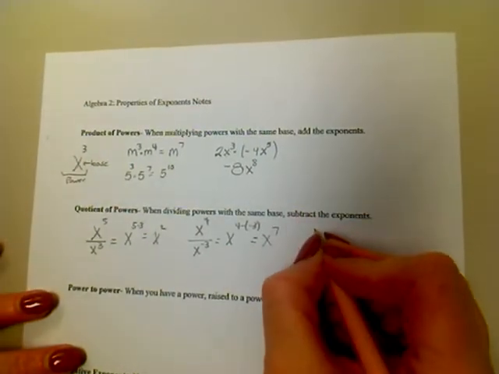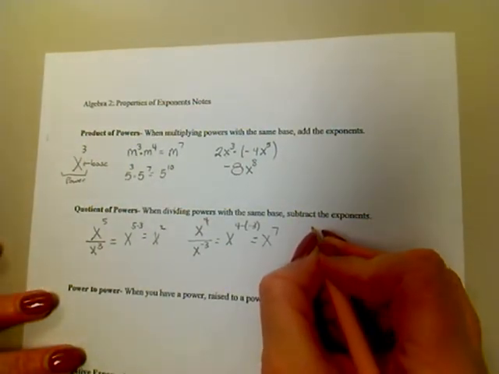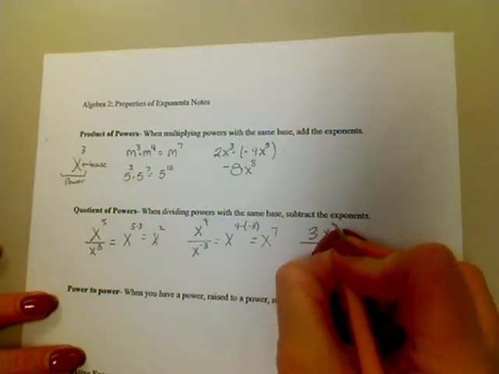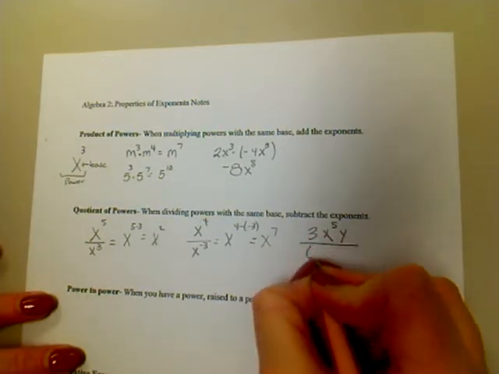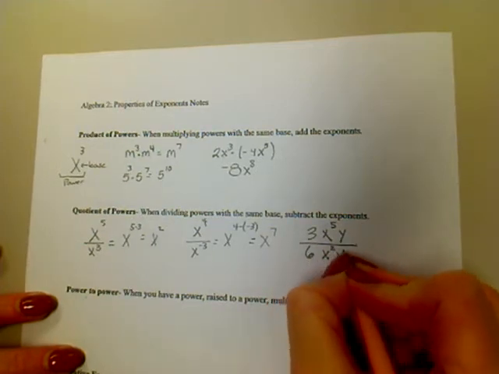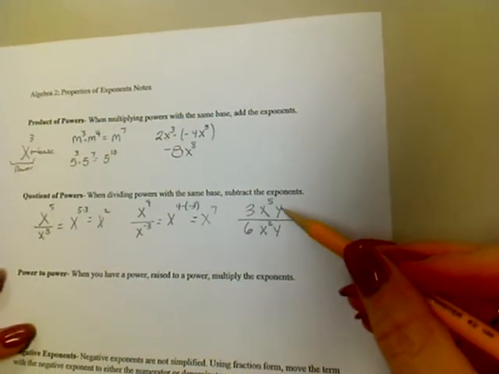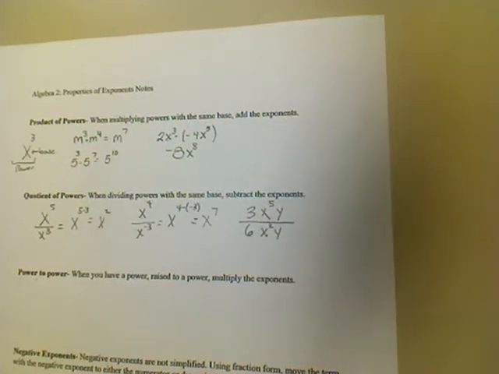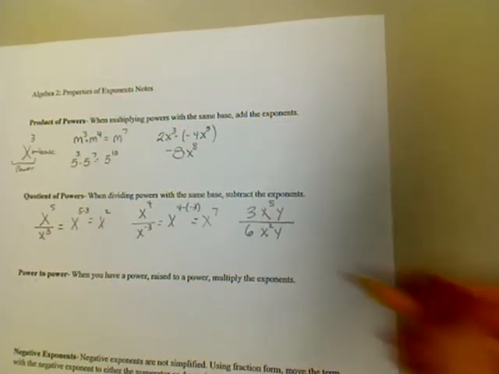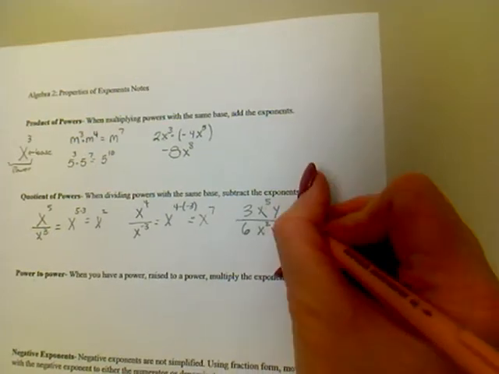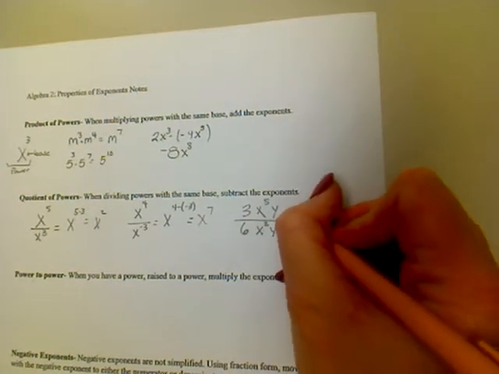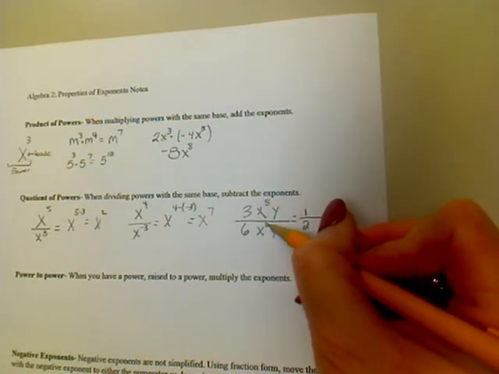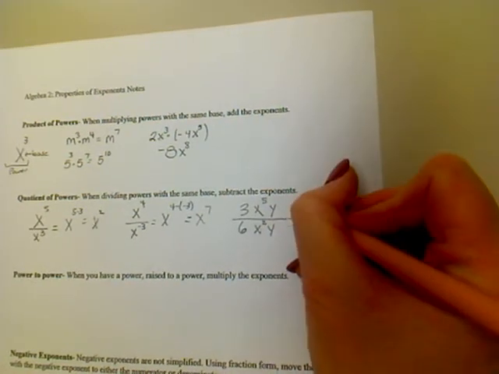And if you have this type of problem, you're going to go ahead and divide these coefficients or simplify the fraction. And then you subtract the exponents. So I'm going to end up with 1 over 2. 5 minus 2 is x to the third.